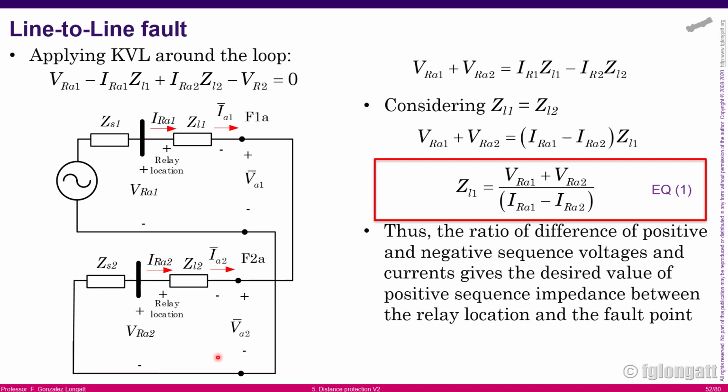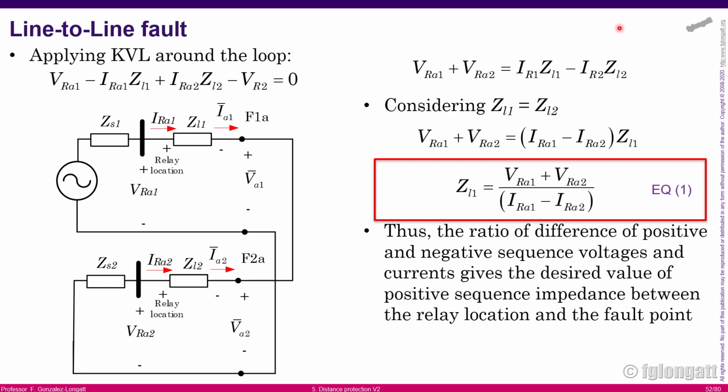You can have a loop starting from here, go there, then go to the top, then going back and come back again. That is the loop, okay? If we apply that loop, we can obtain this equation over here, the Kirchhoff voltage law equation, relating the positive sequence voltage at the relay location and the negative sequence voltage at the relay location. And that voltage is related to the positive sequence impedance of the transmission line and the negative sequence impedance, okay?